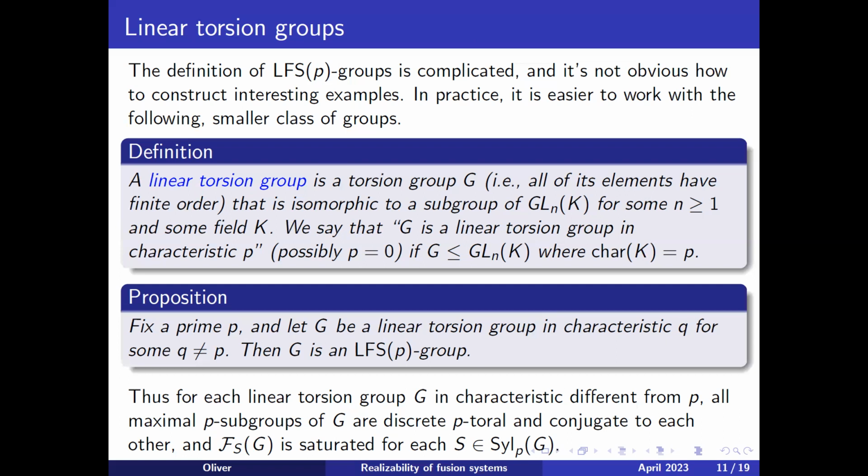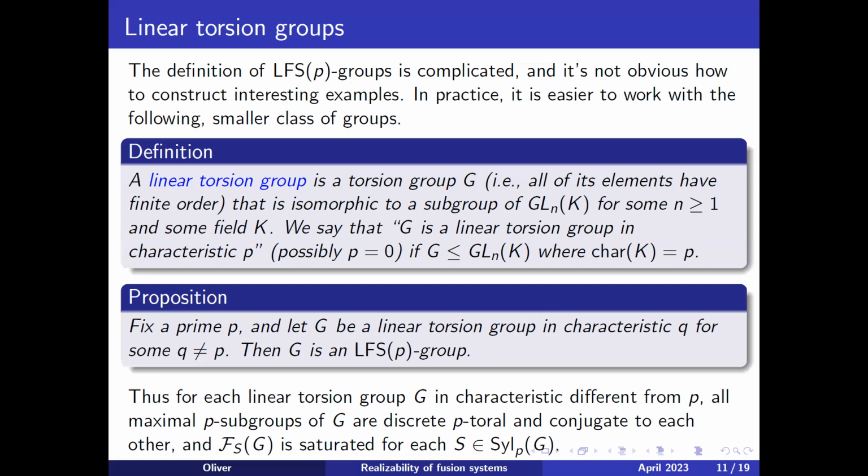So in other words, if you look at things that are linear, contained in a general linear group over the algebraic closure of a finite field, then they're automatically torsion groups. If you're looking in characteristic 0, at infinite subgroups of infinite linear groups, then it's not always clear how to arrange that they're all torsion.